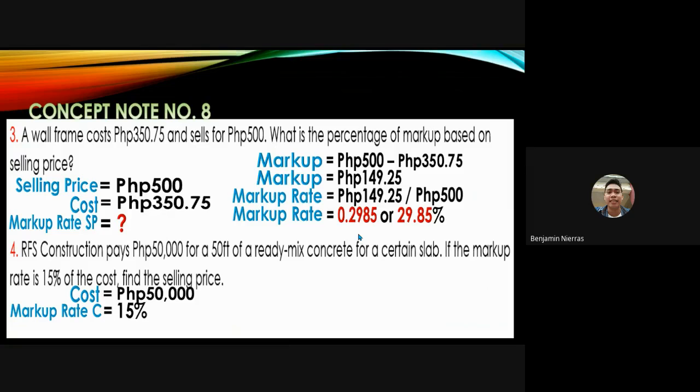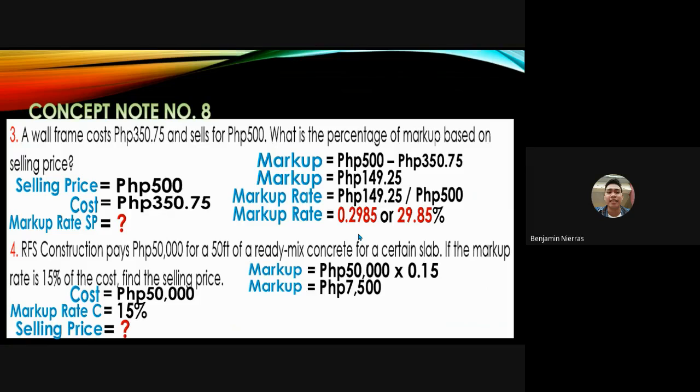So markup rate based on cost 15% and we're looking for the selling price. So selling price is simply the cost added by the markup value. So we need to first look for the markup value. Markup value is simply the cost times 15%. So 15% of 50,000 is the markup, which is 7,500.